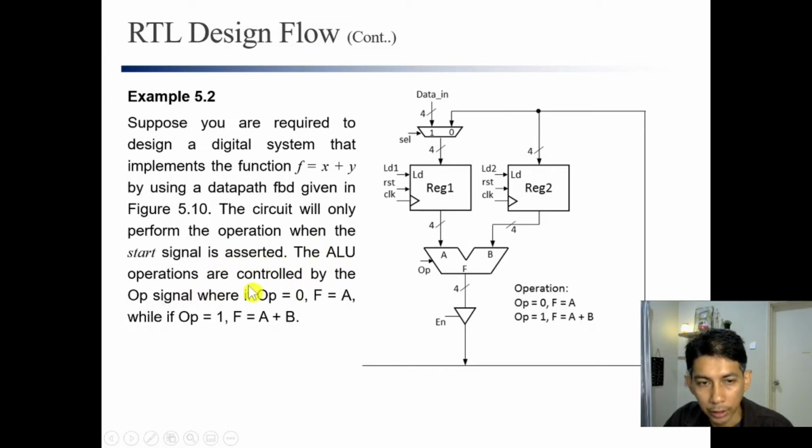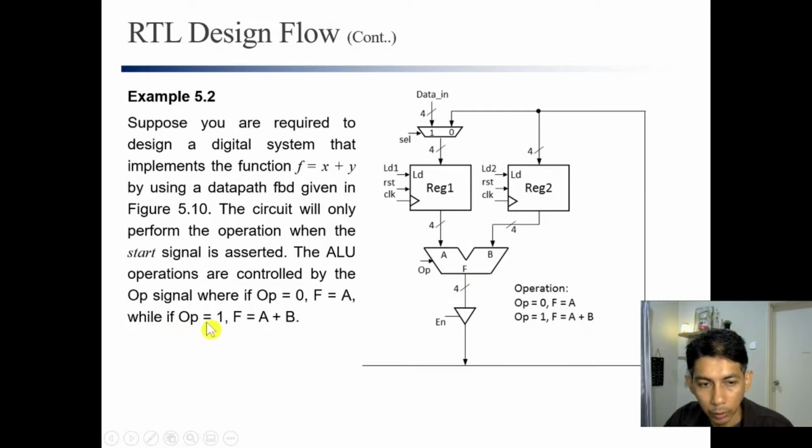The ALU operation is controlled by the OP signal, where if OP equal to 0, F is equal to A, meaning that the output F here is equal to the input A here, we just pass this signal from this input to this output.